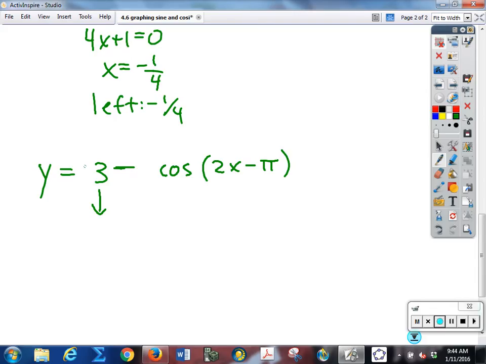And then it's a negative 1, so what does the negative do to it? It's going to flip it. It's going to reflect it over the x-axis, right? What does that 2 do to it, just by itself? It makes the period be pi.